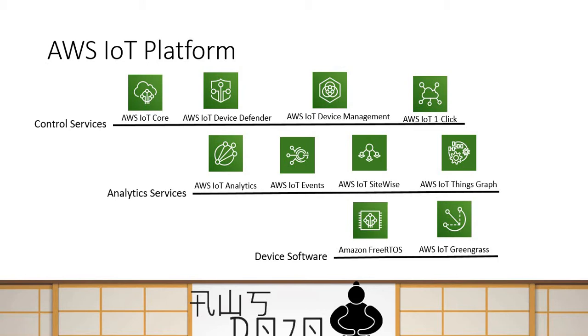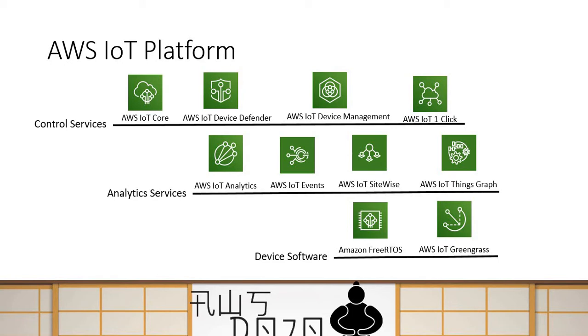Similarly, if you want to do some kind of heavy lifting, then you can use IoT Greengrass, where you can set up a network of edge devices, and that network can then connect with AWS IoT to publish data to the cloud. And Greengrass can work as an edge device node, which can manage the whole local network and data aggregation, and then publish back to the IoT Core. So device software is the software which your edge devices can use.